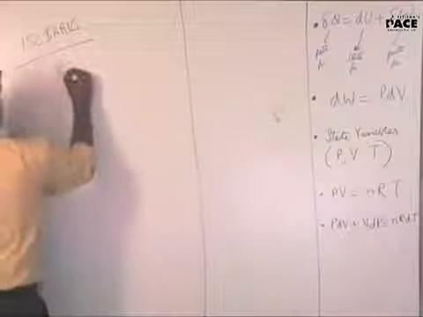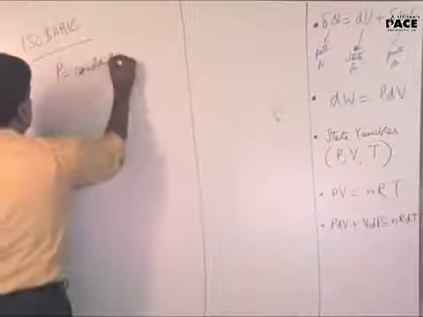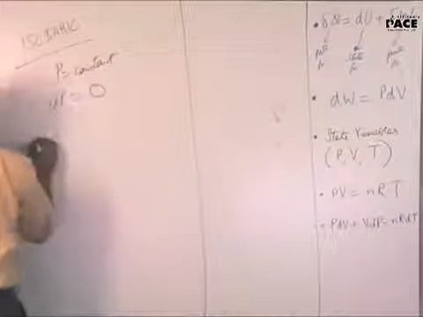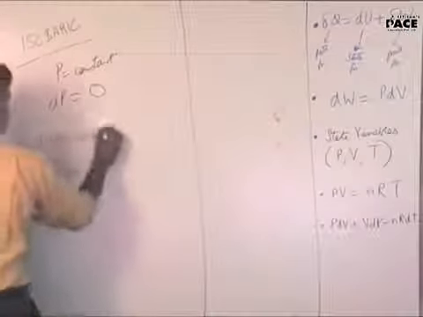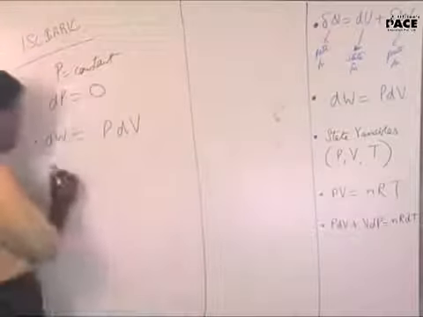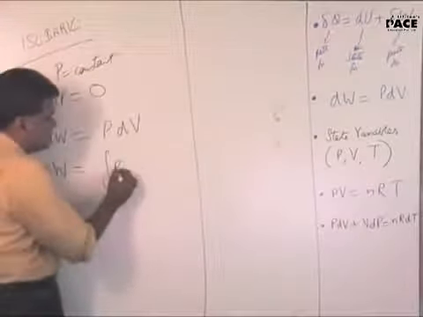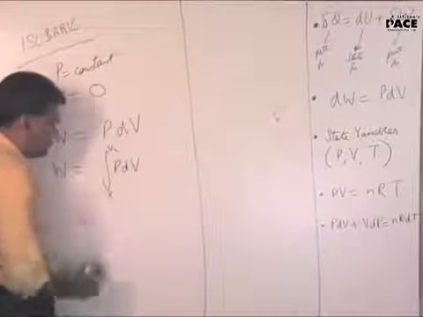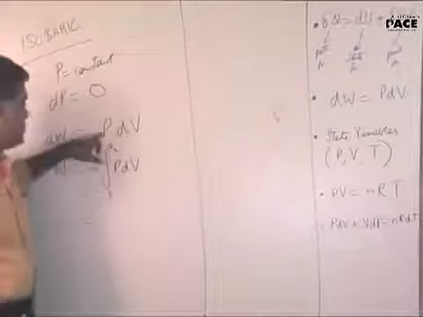Isobaric process: pressure is constant, in other words, dP is 0. What is the elemental work done by the gas? This is the formula. If you want to find the work done, we integrate this, from V1 to V2. Very often, 1 means initial, 2 means final.